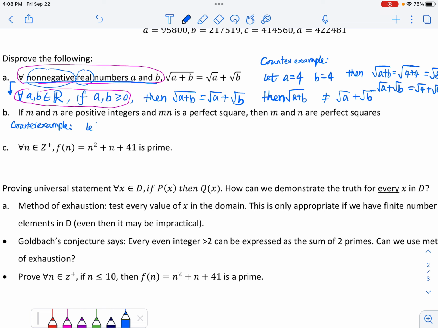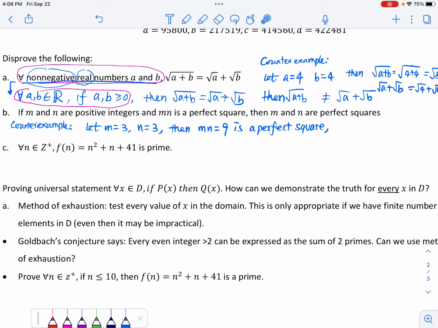Say let m be 3, n be 3, then m times n is 9, which is a perfect square. Okay, so see, I pick m and n so that all these are true.